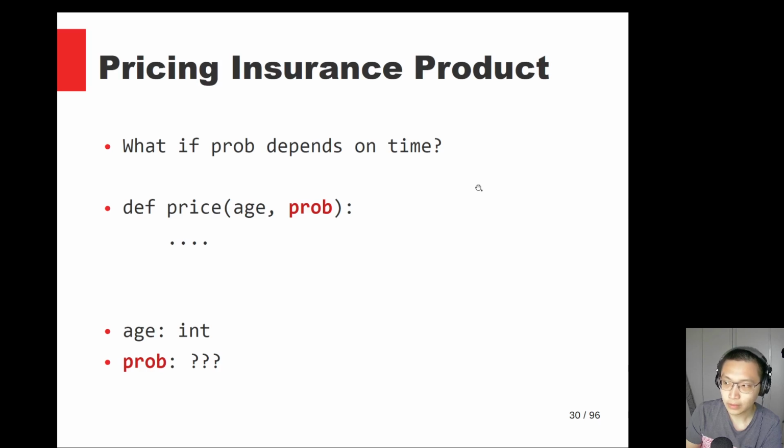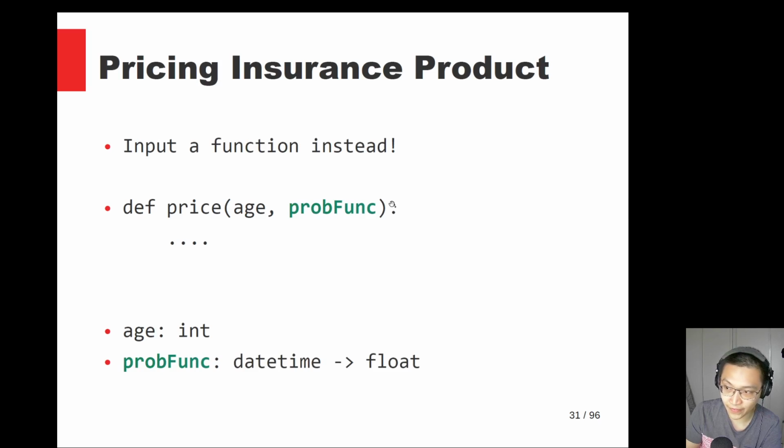Well, you could input a probability function instead. Instead of a fixed probability, a fixed number, now you have a probability function that depends on the date time and returns to you the chance or the percentage that you might get into an accident.